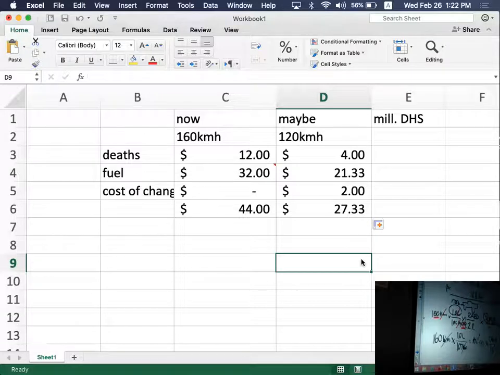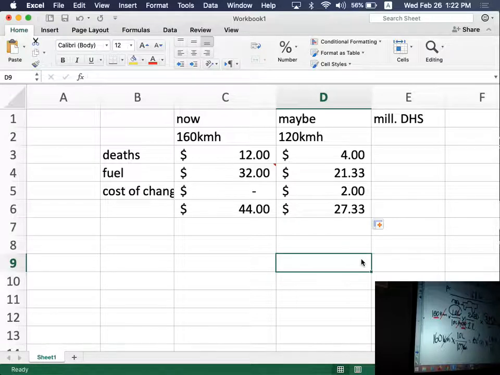So we know that one trip costs 32 dirhams, and we have 2 million passengers. One car can hold 2 persons. So in this case, nothing changes. Sounds good? Okay? And this becomes million.